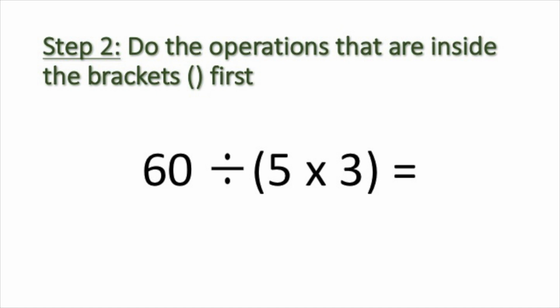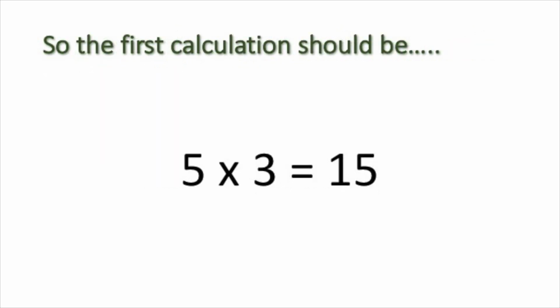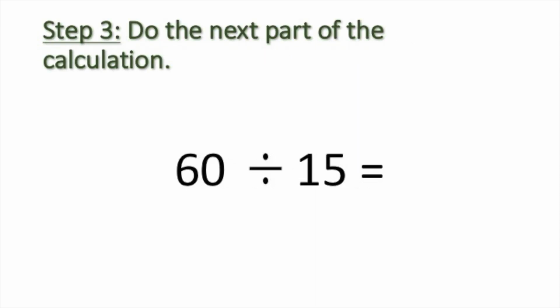Let's see. We have to do the first part in brackets, which is correct. 5 times 3 equals 15. So you see, always begin with the sum in brackets. And then 60 divided by 15.